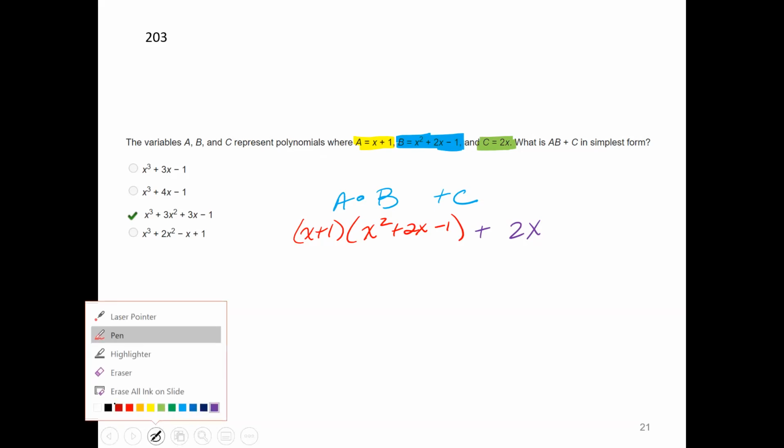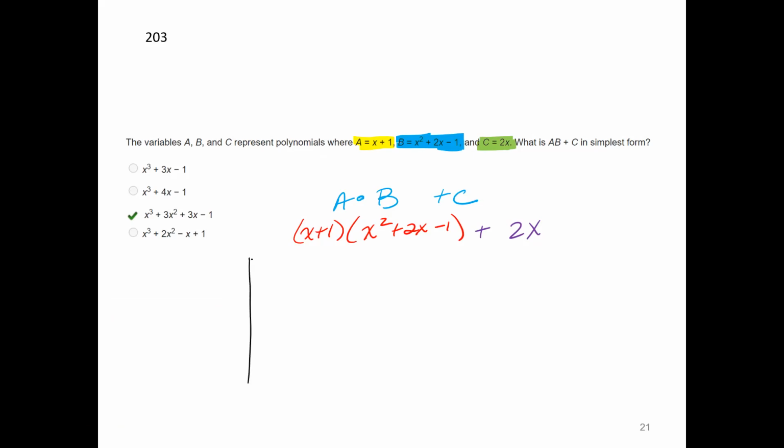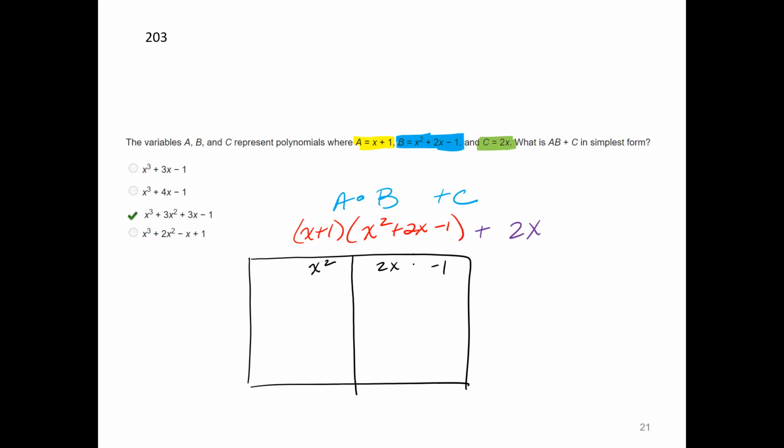All right, first thing I'm going to do is I'm going to have you guys make a little chart. Okay, so make a little chart like a box like this. And inside that box, you are going to have x squared, 2x, minus 1. Like that. On the side of this box, you are going to have x and 1.